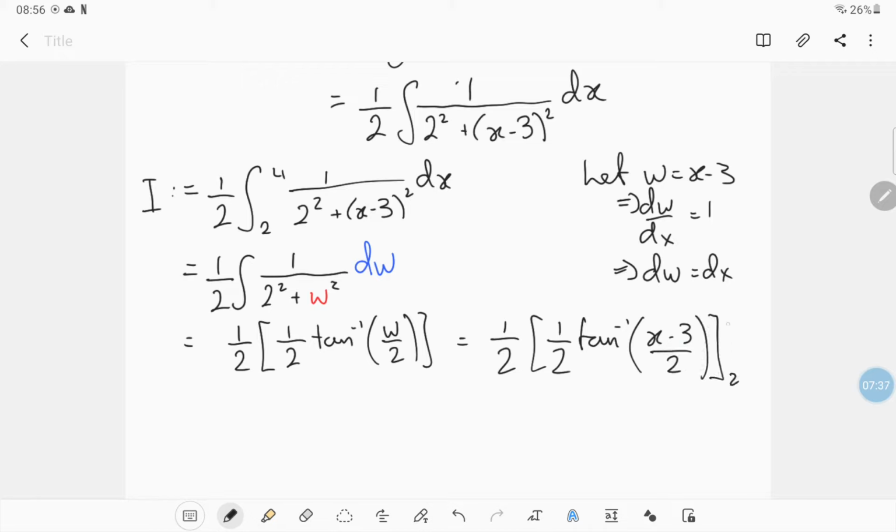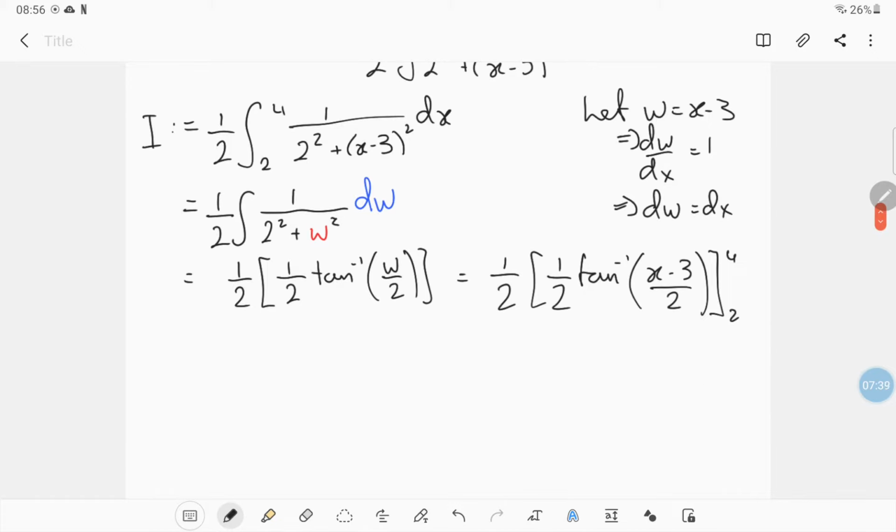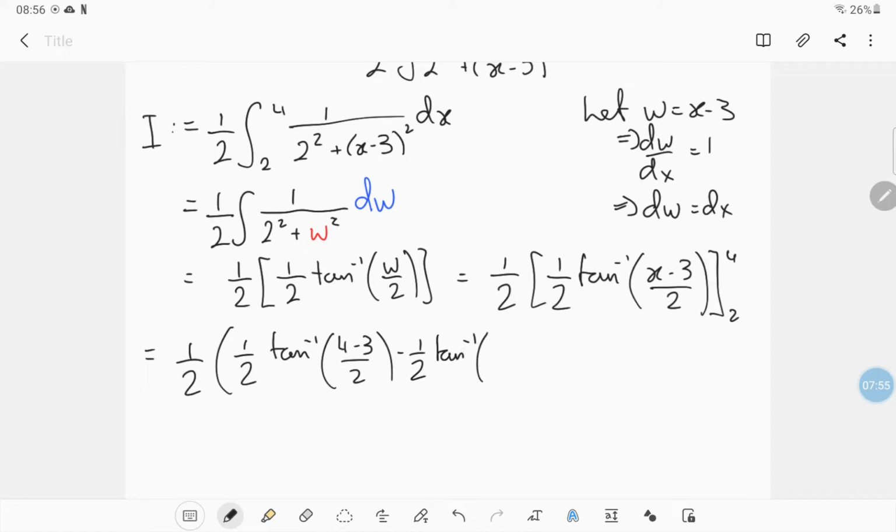2 to 4. So now we do top limit minus bottom limit. So I'll fix the half, or I could multiply it in, doesn't matter. Half inverse tan, so 4 minus 3 over 2, minus a half inverse tan, substitute 2 minus 3 over 2.